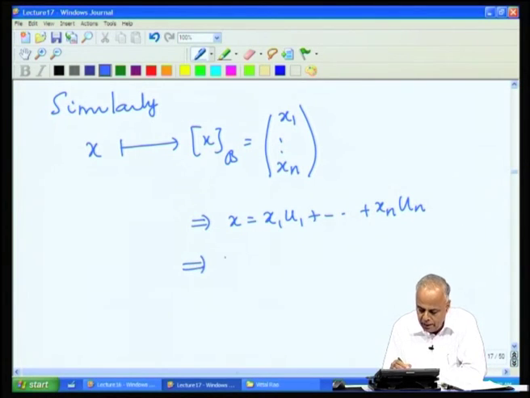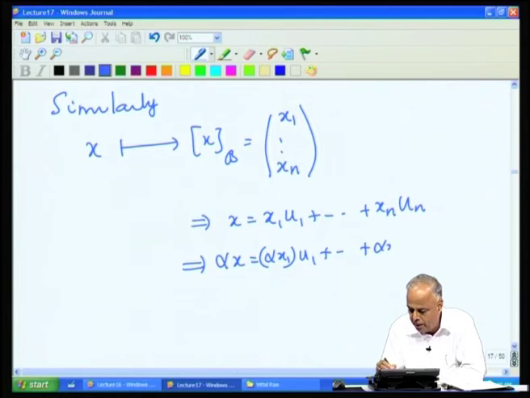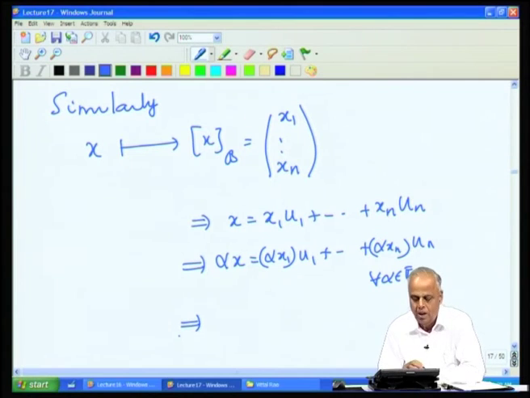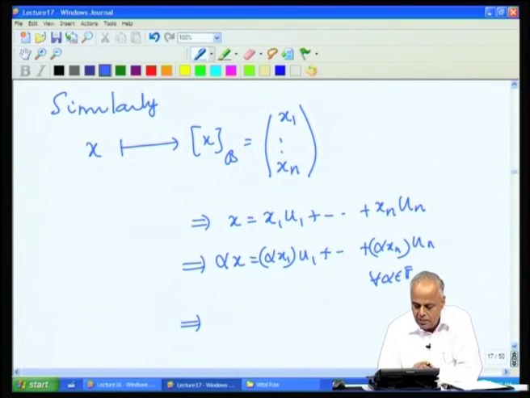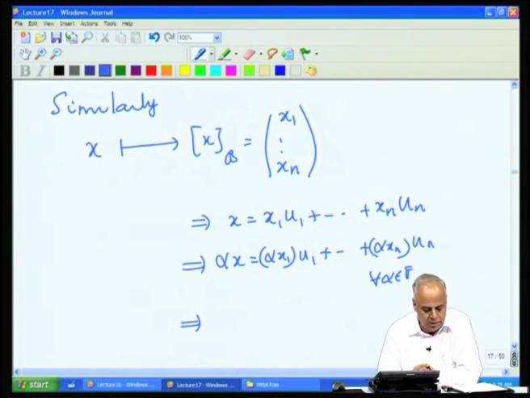That means, for any alpha, alpha x will be alpha x1 u1 plus ... plus alpha xn un, for every alpha in F. This means alpha x, the scalar multiple of x with the scalar alpha, has this linear combination representation in terms of u1, u2, ..., un.